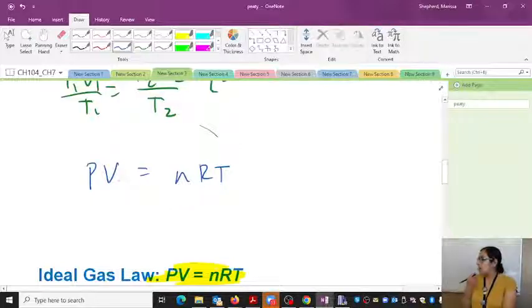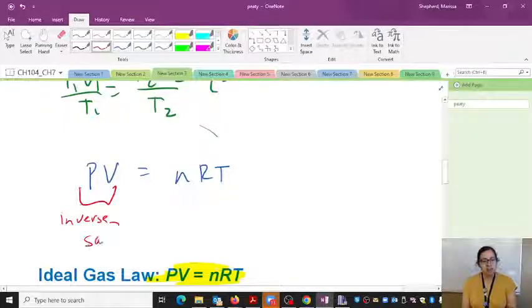Were they inversely or directly related? Inversely. And we can remember that because if they're multiplied together, they have to equal this constant. So if one goes up, the other has to go down. So anything that's inverse will be on the same side.